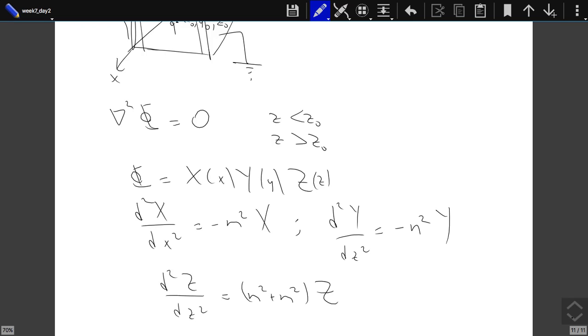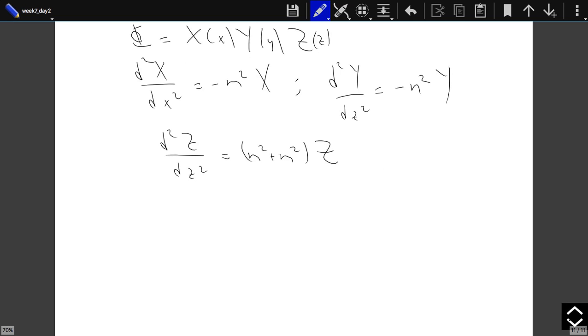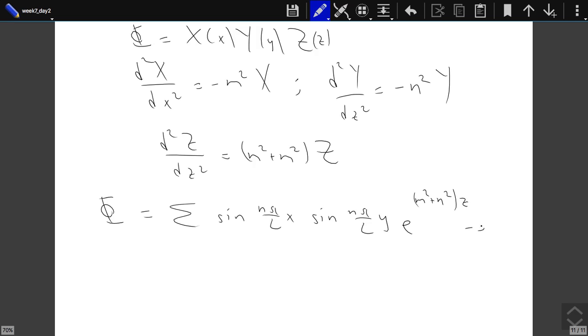So the general solution for z less than z0 and z larger than z0 would be, for z less than z0, sine m pi over L x, sine n pi over L y, and e to the power pi over L square root of m squared plus n squared z, minus e to the power minus pi over L square root of m squared plus n squared z.